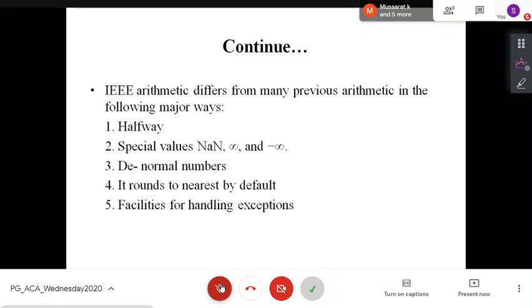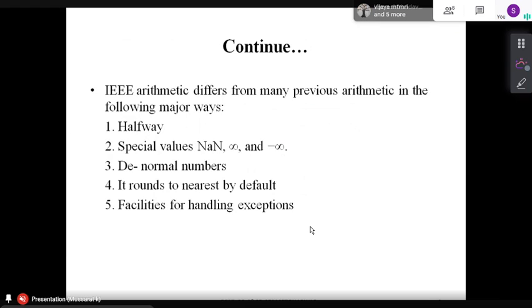Sir, Musrat's screen is not visible. For me it is visible. Close it and share it again. Okay, sir.